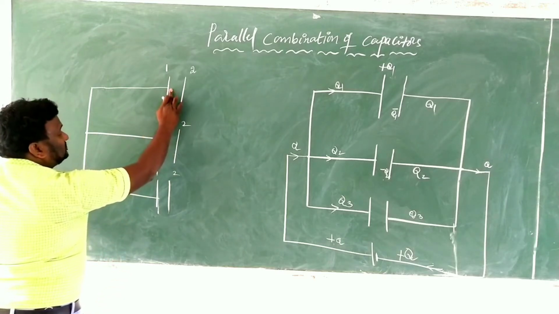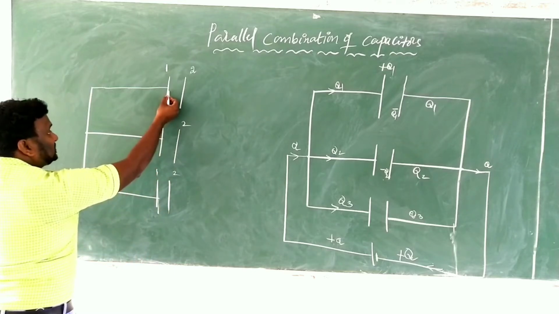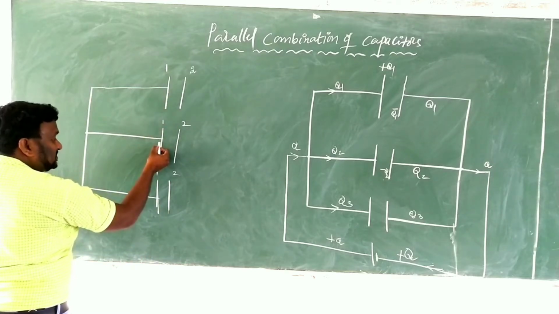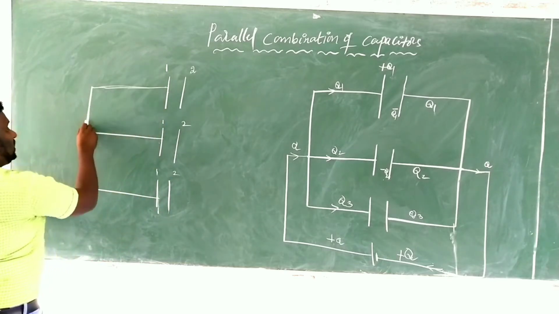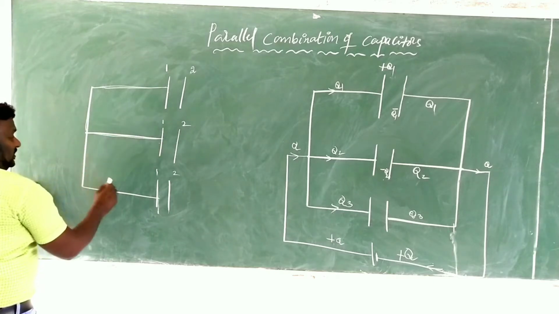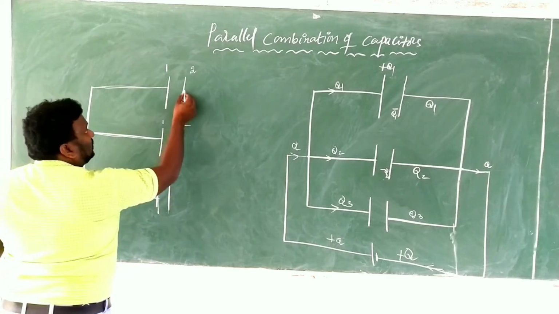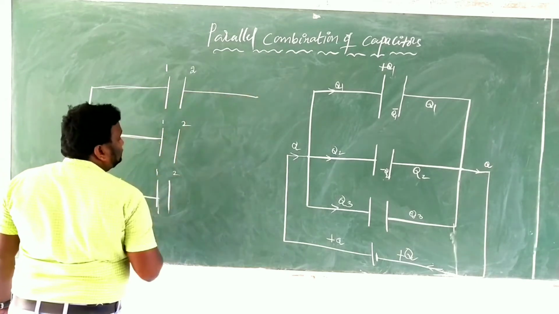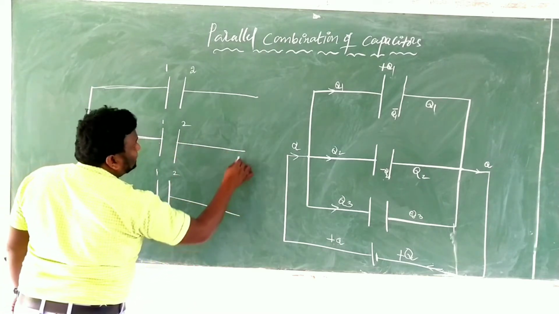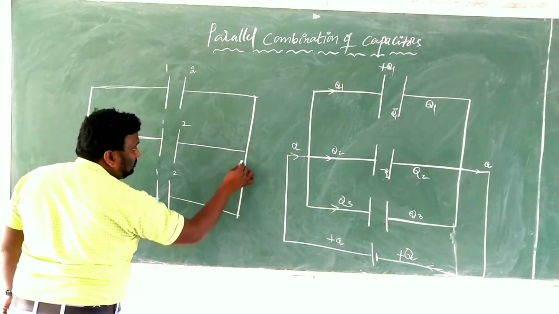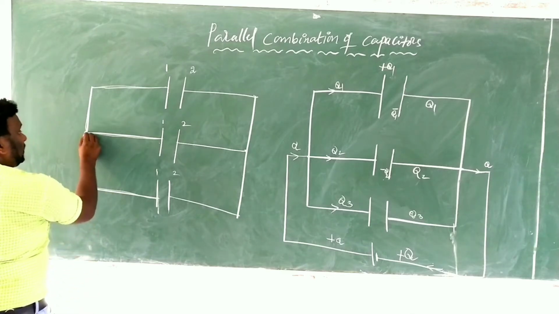This is the first capacitor, second capacitor, third capacitor. The first plate of the first capacitor, the first plate of the second capacitor and the first plate of the third capacitor are all given to one point. Similarly, the second plates of the first, second and third capacitors are also given to one point.